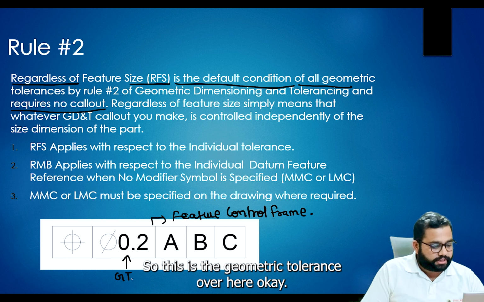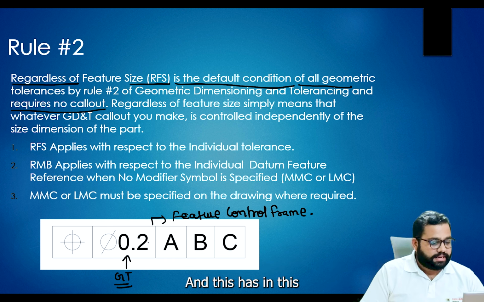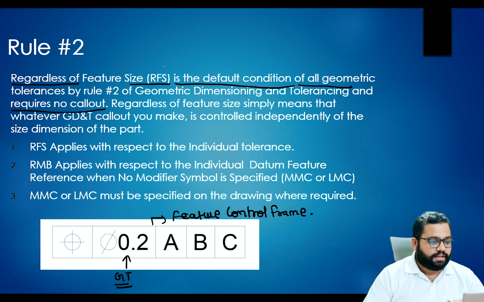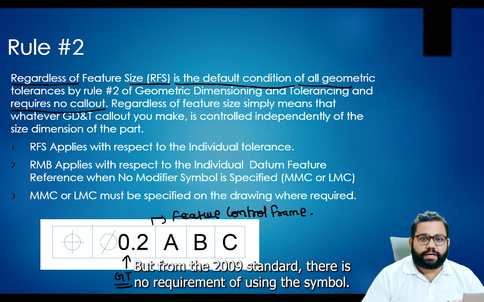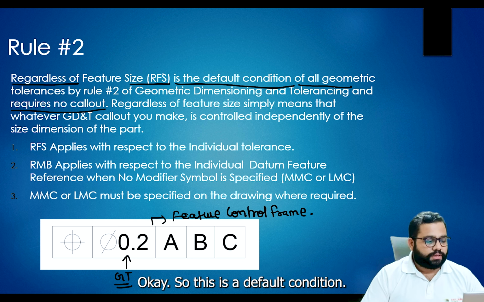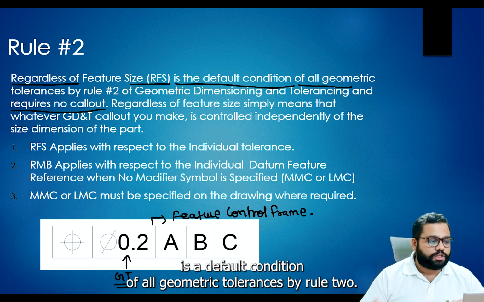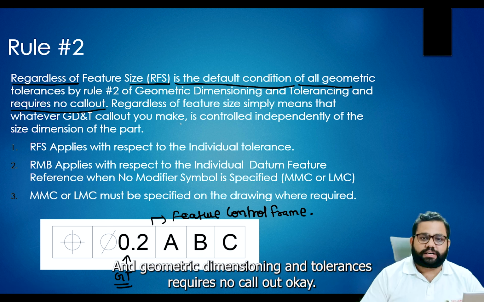If no modifier is used, it means regardless of feature of size. Previously we used the RFS symbol, but from the 2009 standard there is no requirement of using it. So this is a default condition.